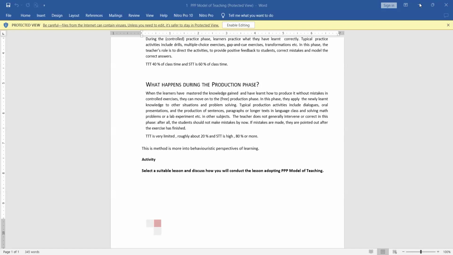Third E for explanation. Fourth E for elaboration. And the fifth E for evaluation. Those are the 5 stages of the 5E model. Each stage begins with an E, so that is why it's 5E. Engagement, exploration, explanation, elaboration, and evaluation. Are you all okay?